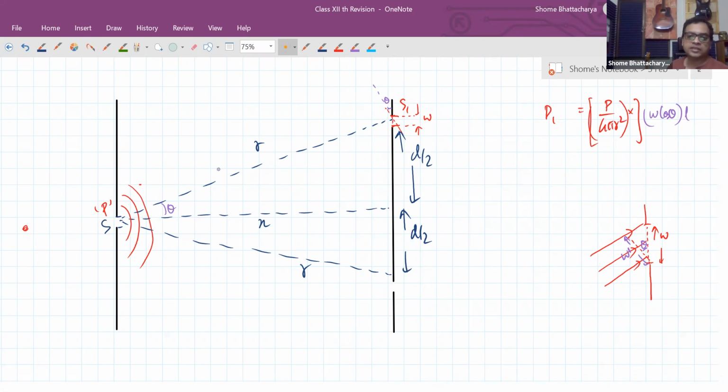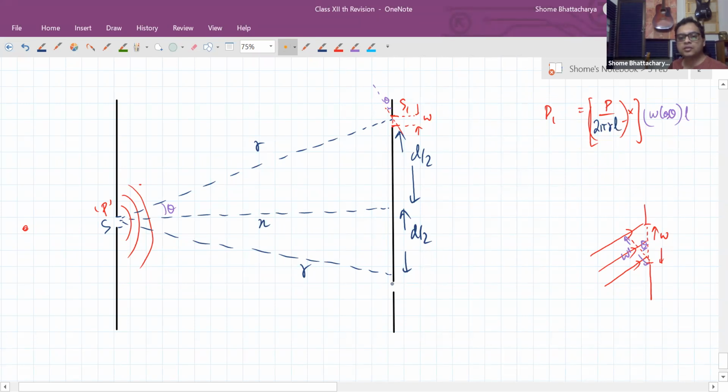Oh yes, the wave is cylindrical. That's correct. So this power, this intensity will be like this. If the vertical lengths of the slits are L, then this will be 2 pi r L, so that L and L cancel.